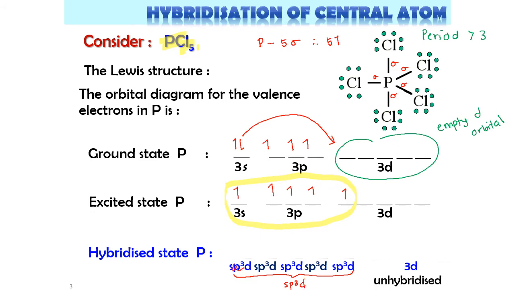So you don't need to write each and every one of these. And for the empty d orbital here, you will write them as 3d unhybridized orbital. So separate them into the hybrid orbital and the unhybridized orbital.